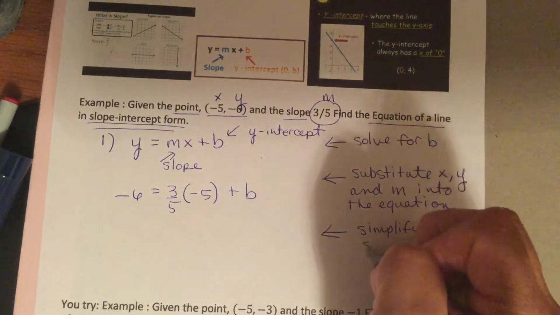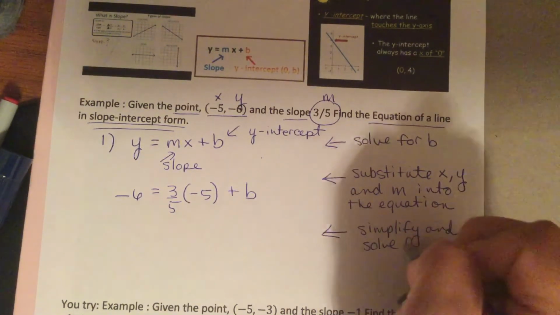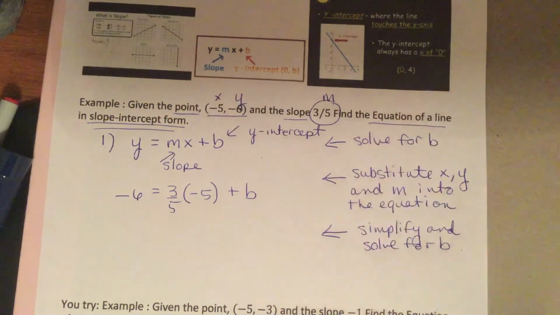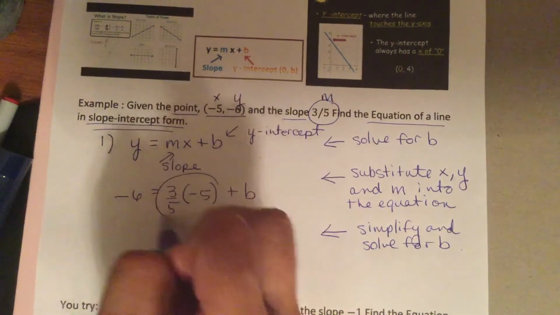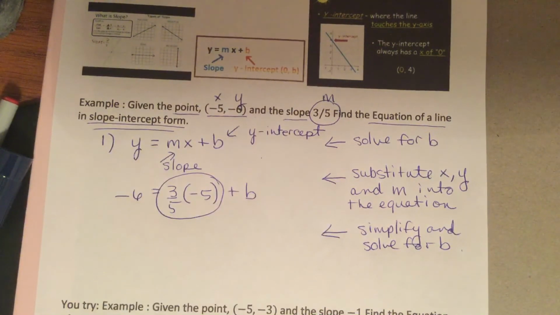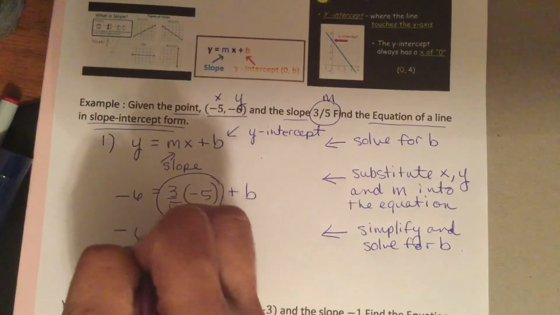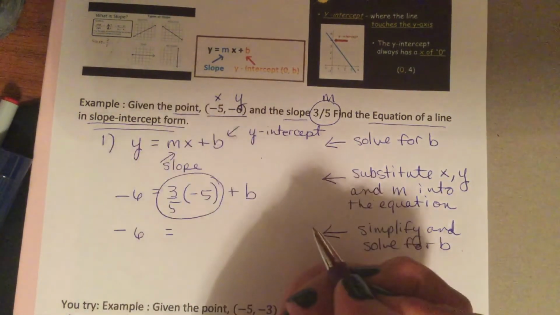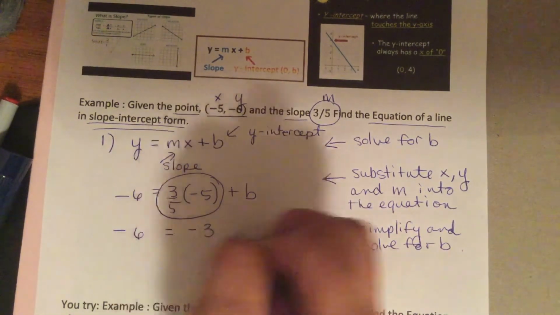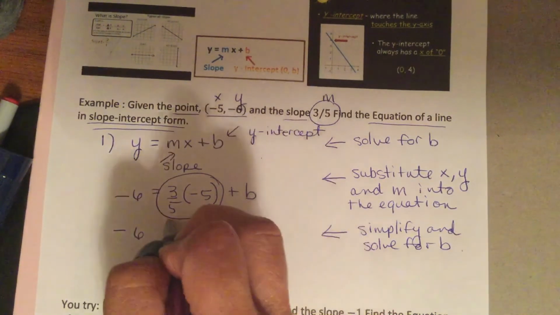Okay, now that I've substituted in the equation, the next thing I want to do is simplify and solve for b. What I mean by simplify is I'm going to get out my calculator because I need to simplify that before I can even solve. If I take 3/5 times the -5 on my calculator, you will get -3, and that'll be plus b.